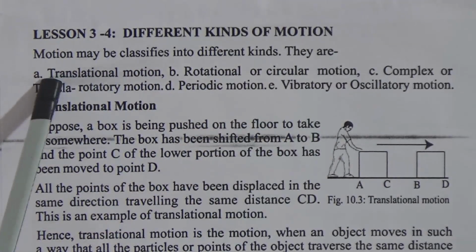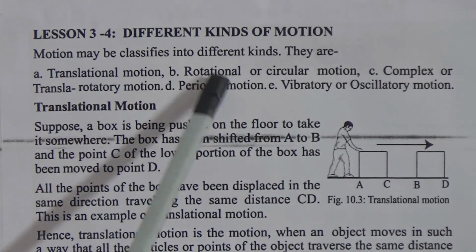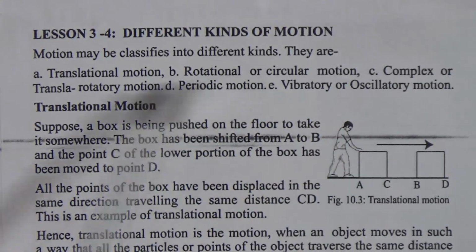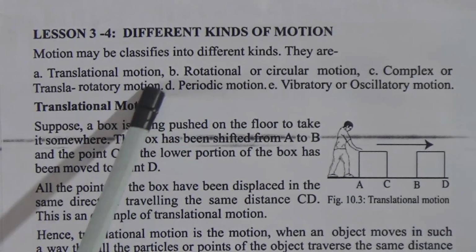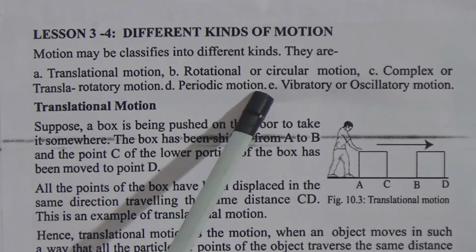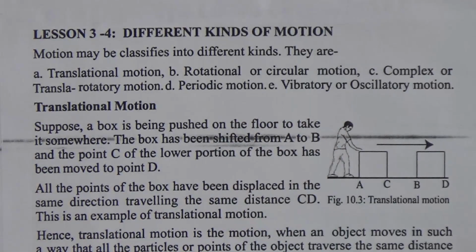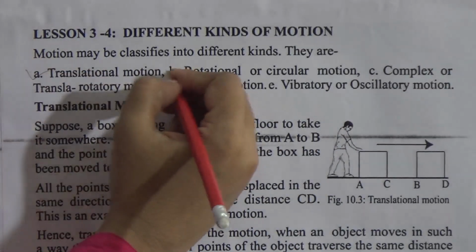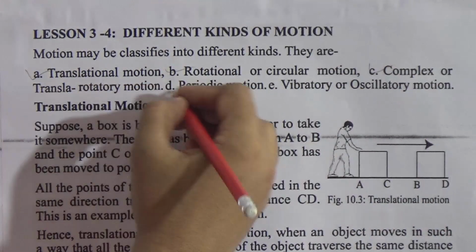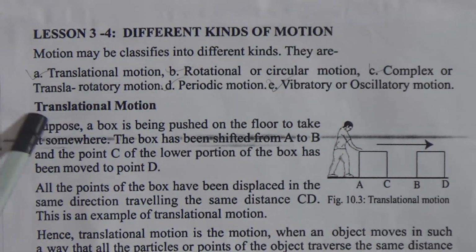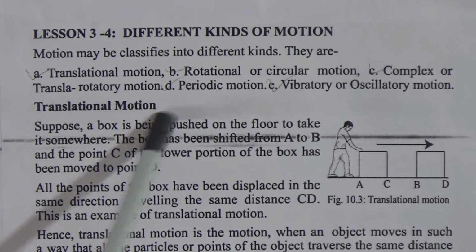The first one is translational motion, second is rotational or circular motion, third is complex or translorotatory motion, fourth is periodic motion, and the last is vibratory or oscillatory motion. Dear students, you have to memorize the names of these 5 motions because this is very important for you. In today's class we will discuss only the first motion, that means translational motion.